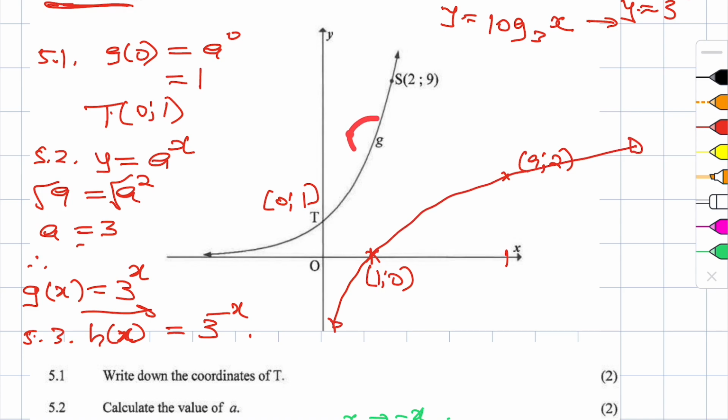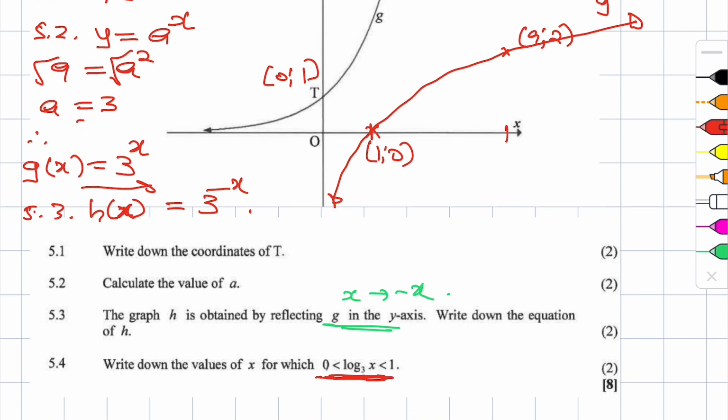So if this is g, that one is going to be g inverse. Okay, now the question is, you have to work out the values of x for which the log graph, the inverse, is greater than 0 and less than 1.